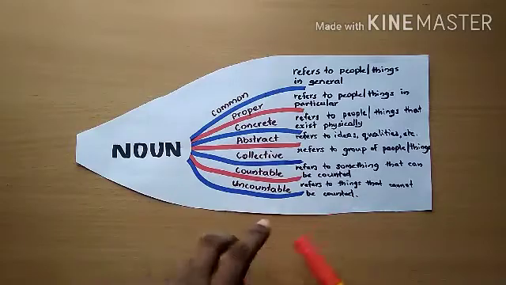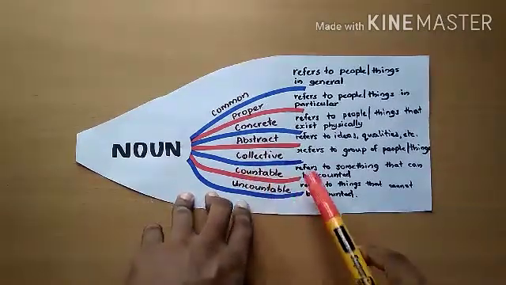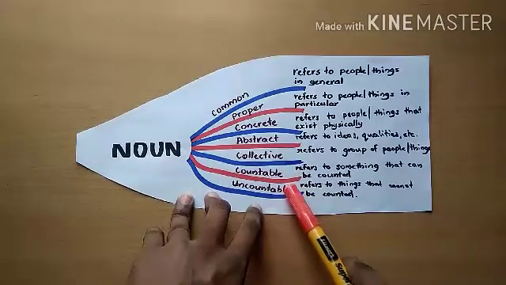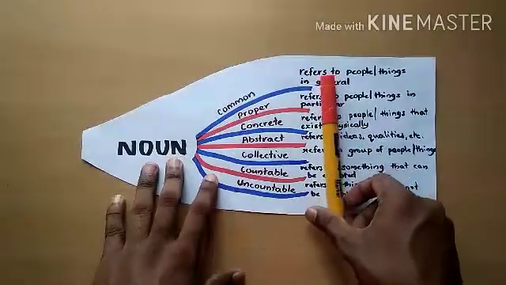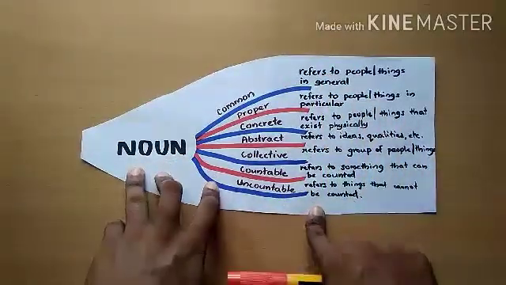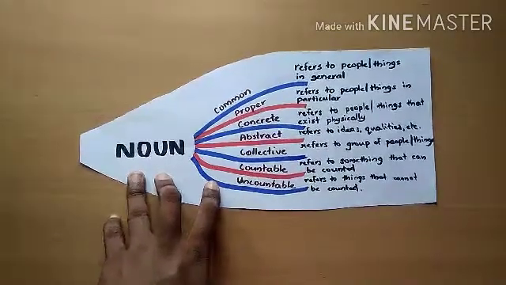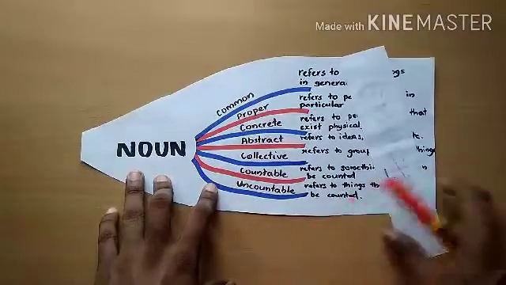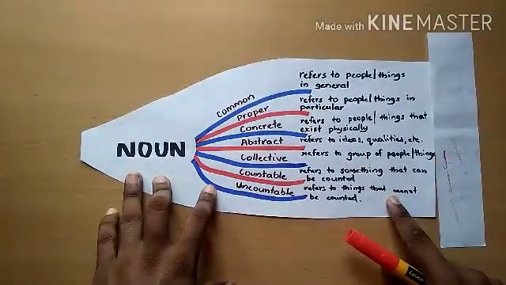Then we have something called countable nouns. Countable noun means that can be counted. Okay, if I have a marker here, or there is a paper here. Okay, only one paper. If I get one more paper, see, I got one more paper. So there are two sheets of paper, right?